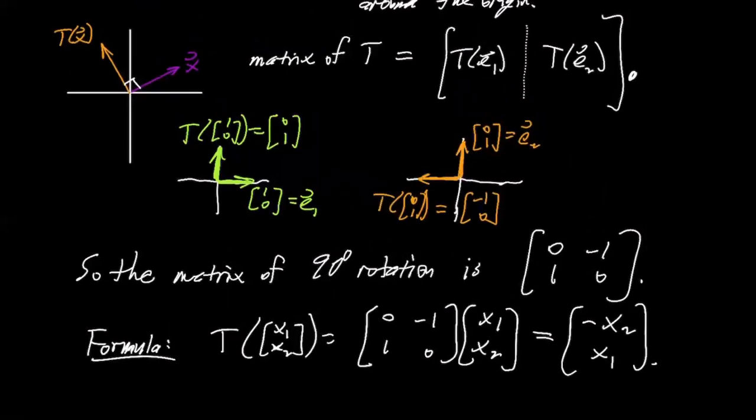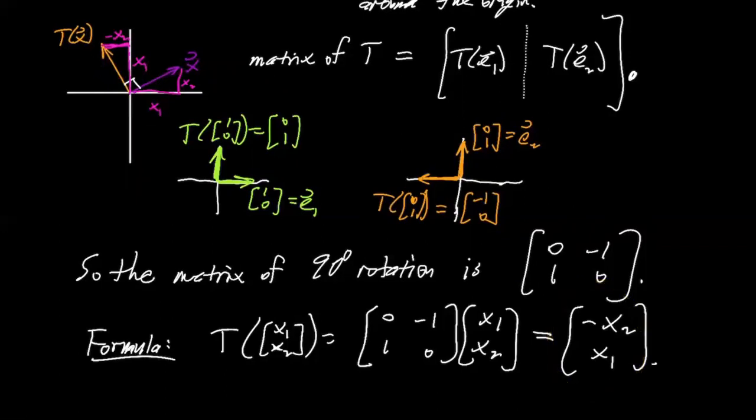If I think about this being x1 and that being x2, then you have the same triangle up here. And that's x1. And this is actually negative x2 because it goes to the left instead of the right, so it goes in the negative direction instead of the positive direction. So you could have eyeballed this too and seen that this is the formula that you get.